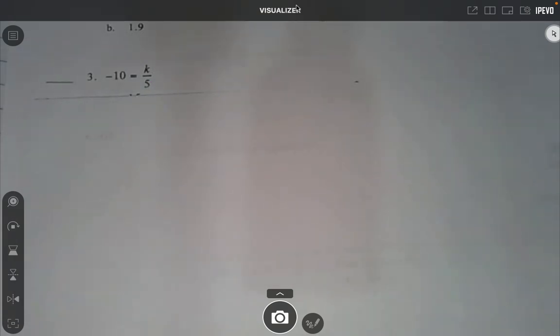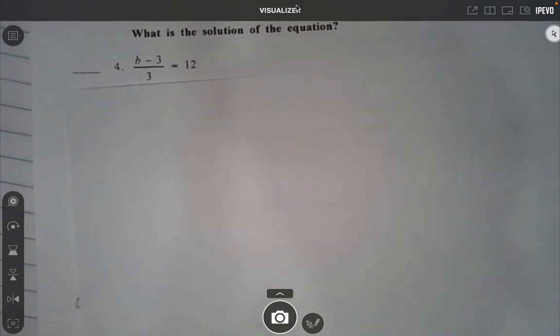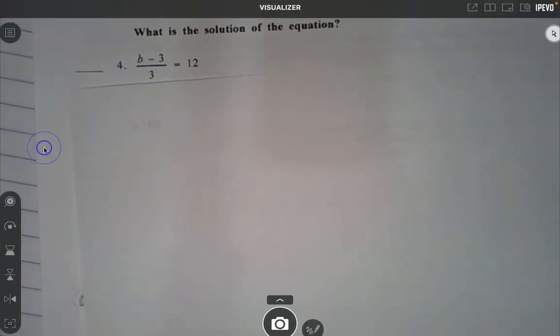Okay. Then we have this one, which looks a little bit different. What do I do to solve for B on this one? Multiply by 3. So this one has a few steps, but if you cover up your variable, what you need to move is dividing by 3. What's the opposite of dividing by 3?